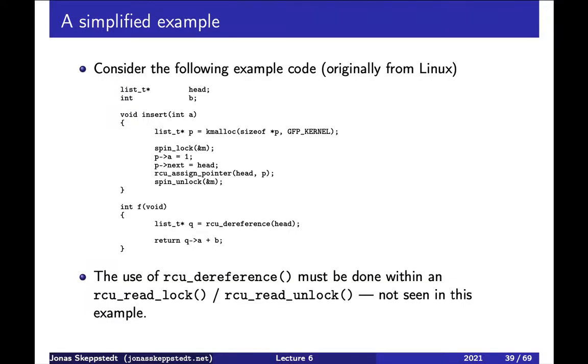Okay, so what is this about? Well, if we have this data using RCU, and we want to get some data from this data structure and then add it, as we do here, we read this Q from it and add an attribute of Q to a global variable B and return that as a value.